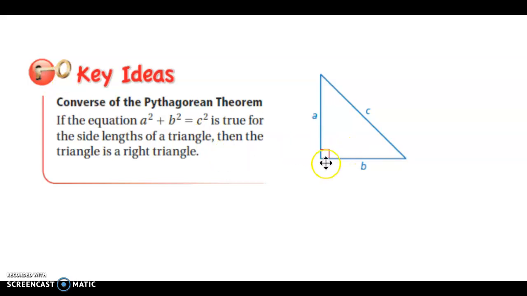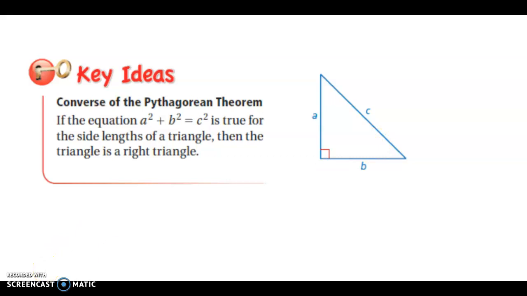So instead of knowing that it's a right triangle and so solving for a side, using the converse of the Pythagorean theorem, I can say, if I can calculate from the sides that a squared plus b squared equals c squared, then I know that it's a right triangle.